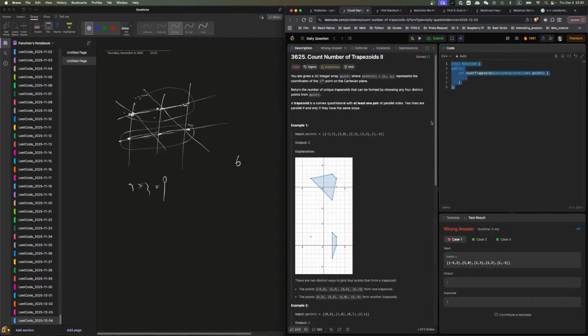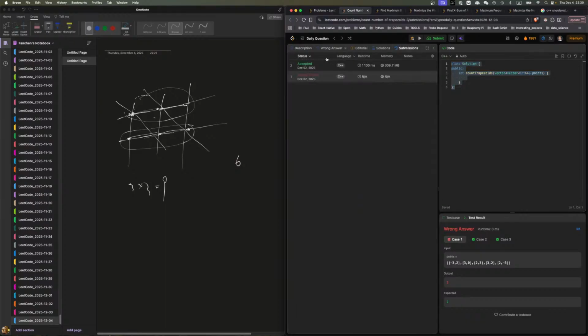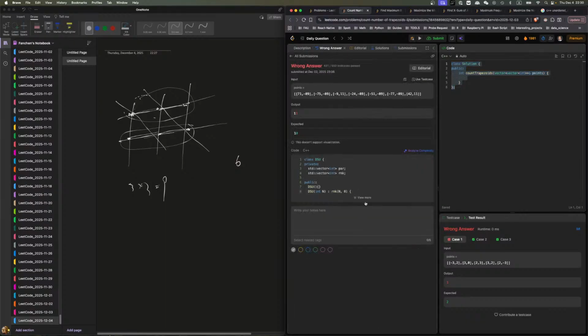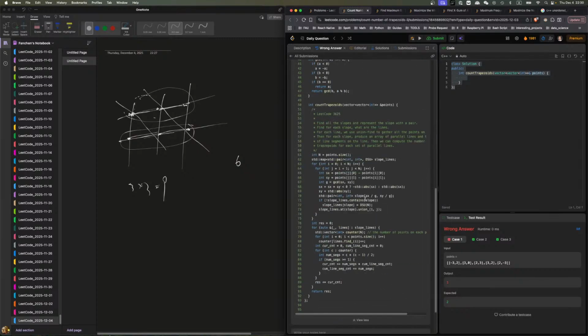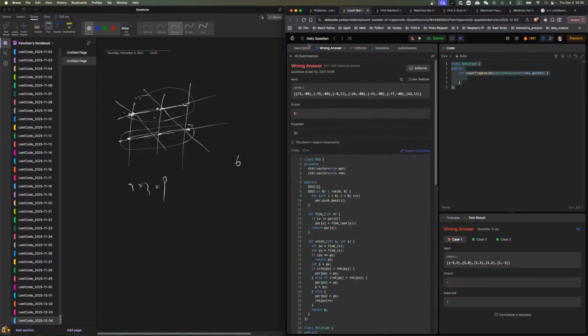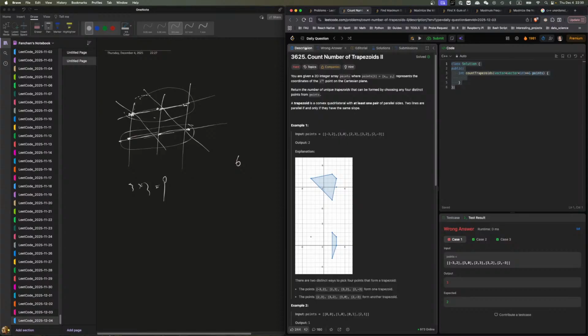Yeah, I need to revert to the previous one. This is not right. Yeah, I know why this is not right, but we have to remove all the parallels that you can find.